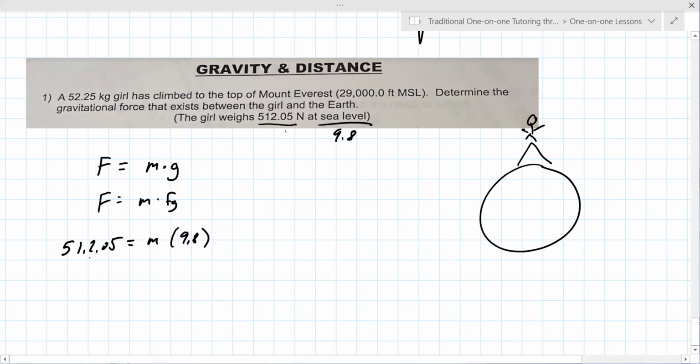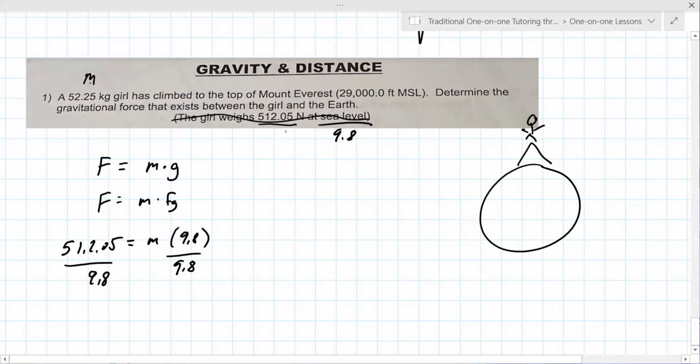So if you divide 512.05 by 9.8, we're going to end up getting pretty close to that 52.25 kilogram value. That's where it came from. I don't know why the instructor gave you that extra little bit, but they did, and that's why it's in parentheses. Kind of extraneous. This is the mass of the girl.